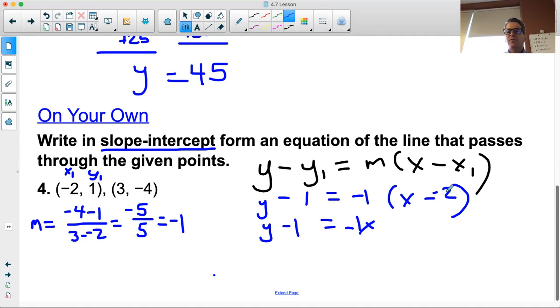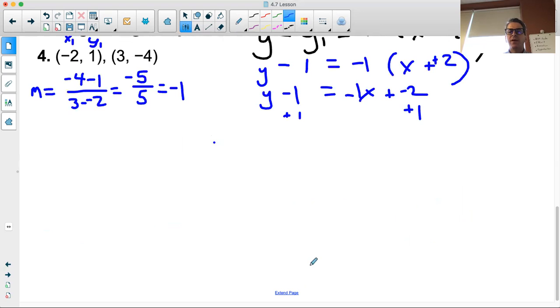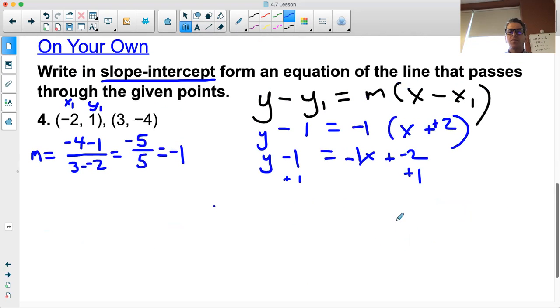And then this is plus 2 because you're subtracting a negative. So it's negative 1 times negative 2, so that's plus 2. And then you're going to add your 1 to both sides to move it over. And your final answer then would be y is equal to negative 1x, and it's 2 plus 1, which would be 3. And then you'd want to circle that.